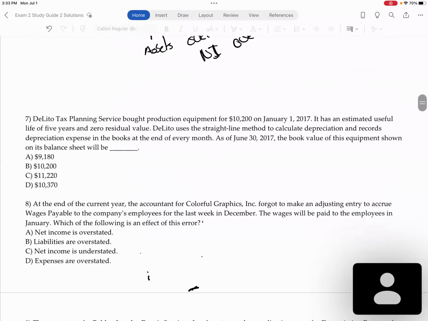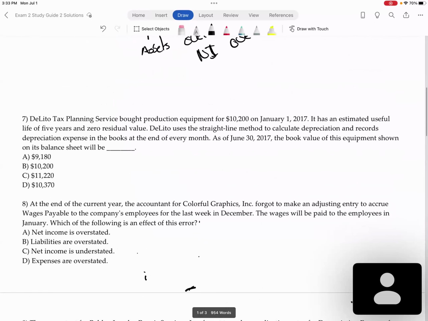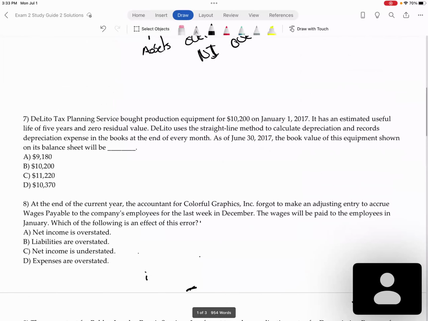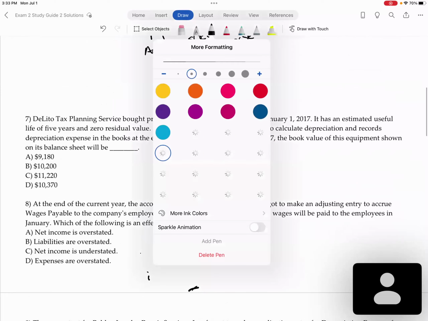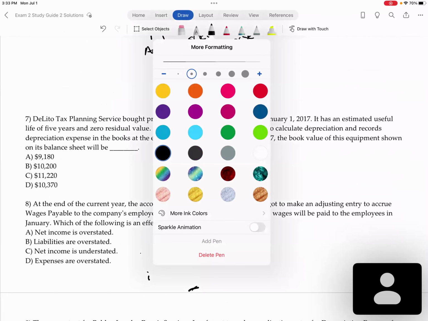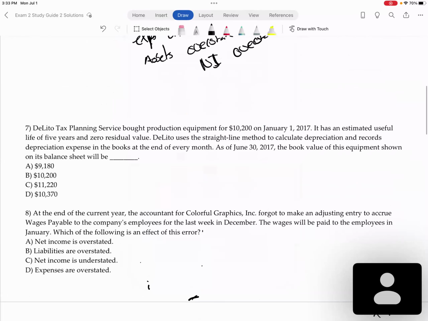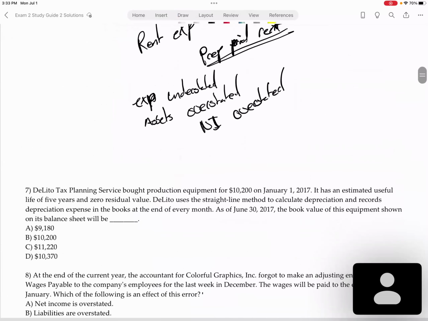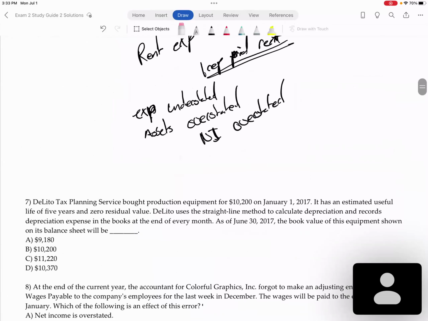Okay. So imagine on this one here, this number 7. Okay. I want to draw. There we go. Okay.